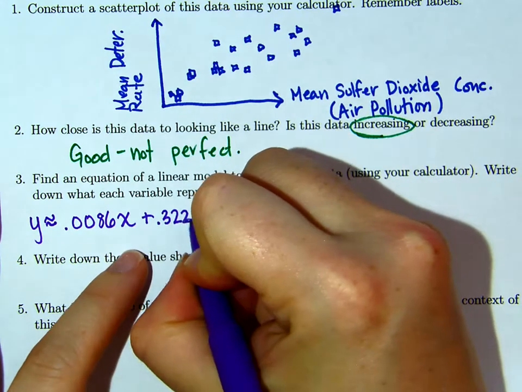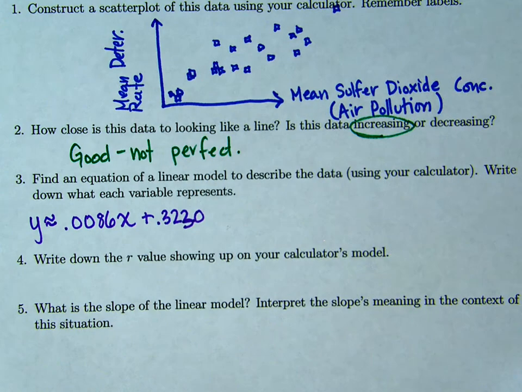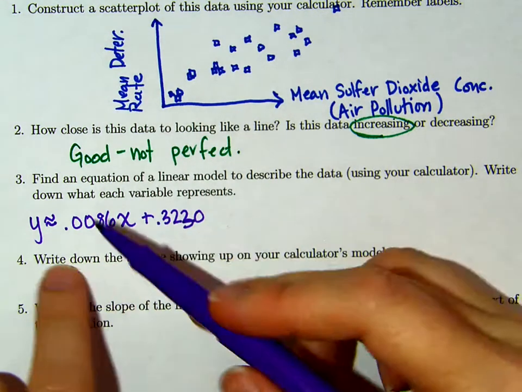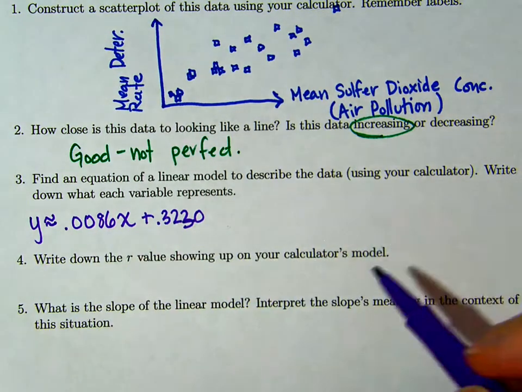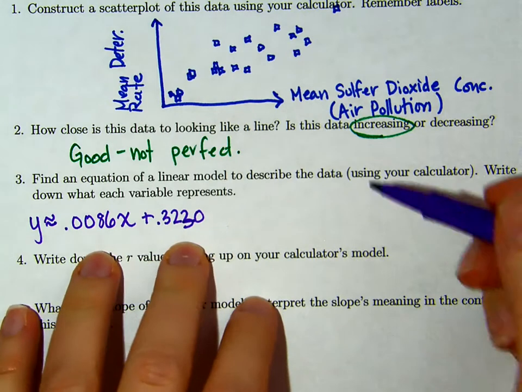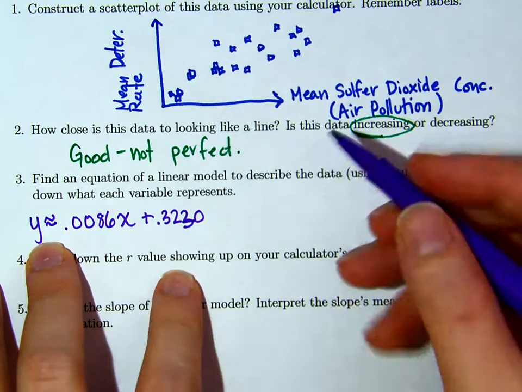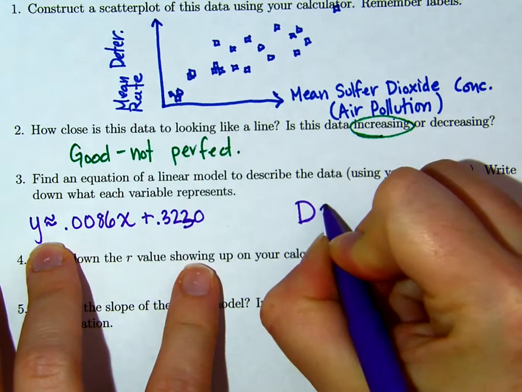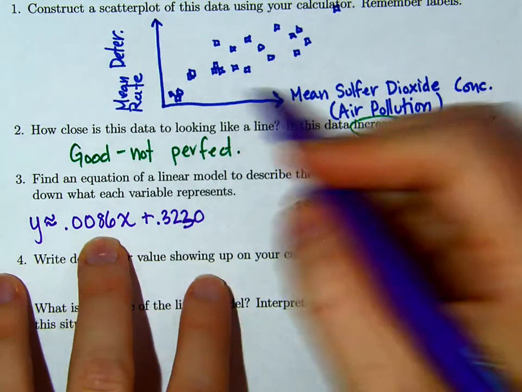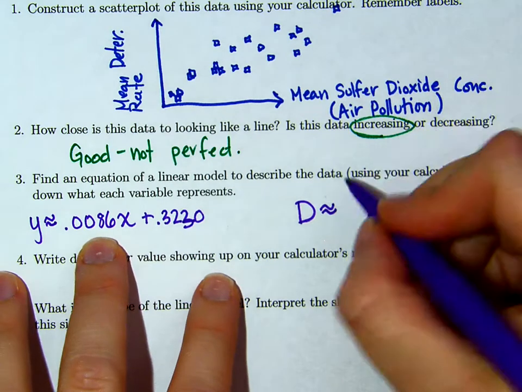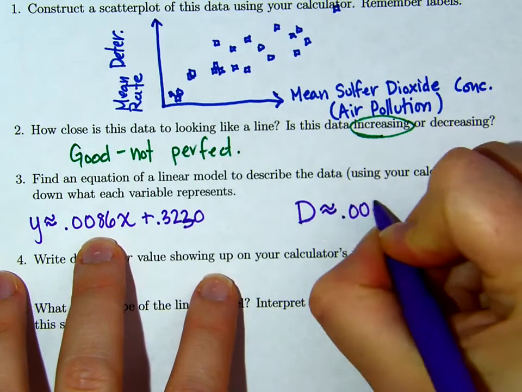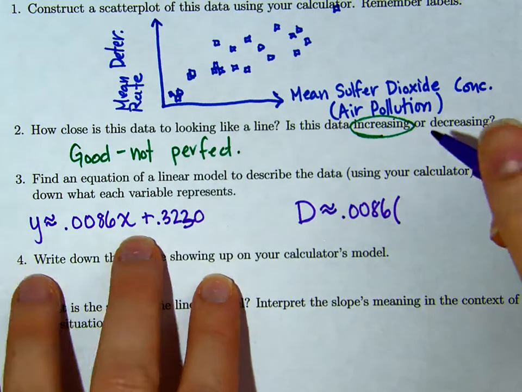So really this turns into a 30. I had to round it up. And I still am not a big fan of Y's and X's because they are not very clear. So I'm going to actually change them to, okay, the responding is the deterioration. D is approximately, because not perfect, 0.0086, however many.